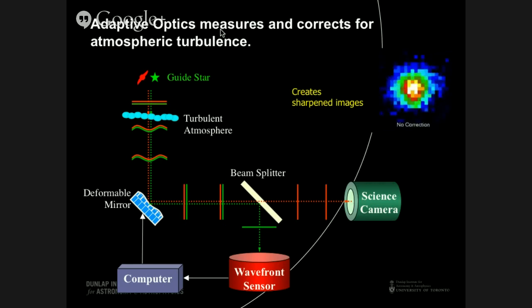We send the light from the star to the adaptive optics system and measure the turbulence in the atmosphere, the deforming of the wavefront due to atmospheric effects. We send that information back to a deformable mirror, which bends and moves like a funhouse mirror to perfectly correct for the distortion of the wavefront. Then you send that to your science camera. That's very quickly how adaptive optics works. It makes perfectly sharpened images for us to look for planets, or galaxies if you're interested in those too.